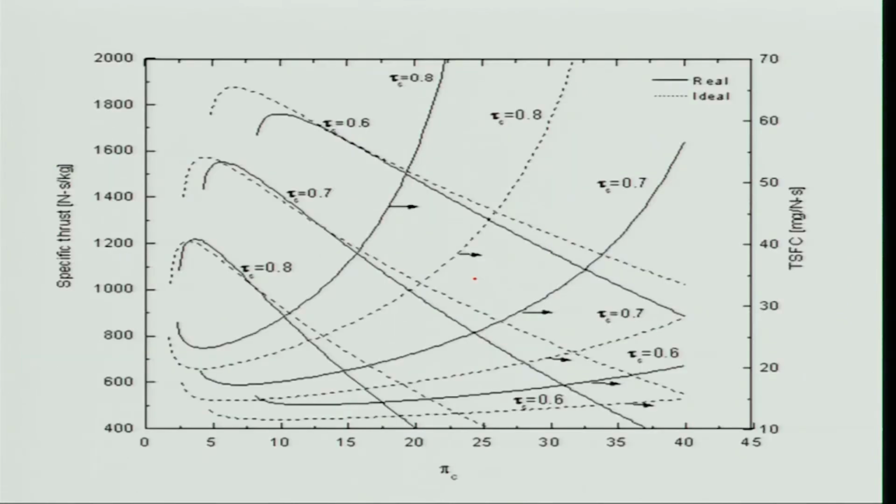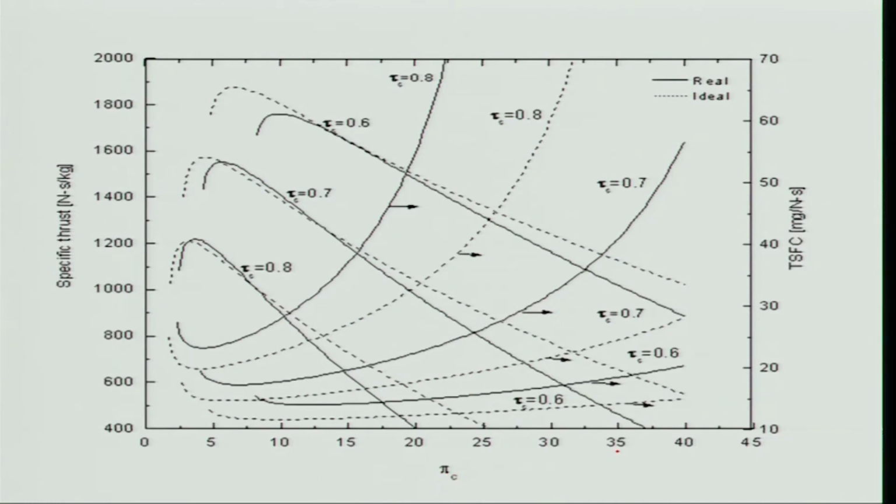What we are doing here, we are taking this tau t as various values like 0.6, 0.7 and 0.83, and if you look at these curves, it corresponds to the specific thrust which is plotted on the left hand side, and here of course the pressure ratio across compression.